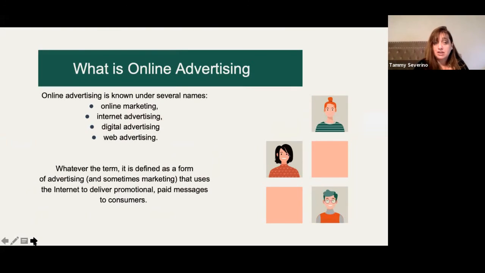Online advertising is known by several names: online marketing, internet advertising, digital advertising, web advertising. Whatever term you have heard it under, it is a form of advertising, and sometimes marketing, that uses the internet to deliver promotional paid messages from your business to the consumers you are trying to reach.